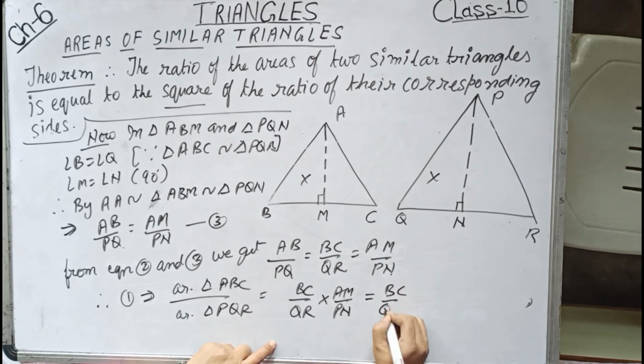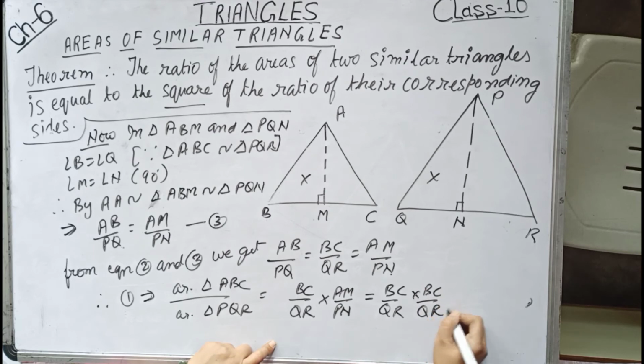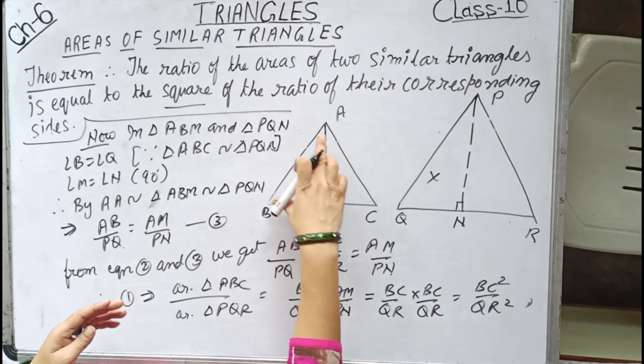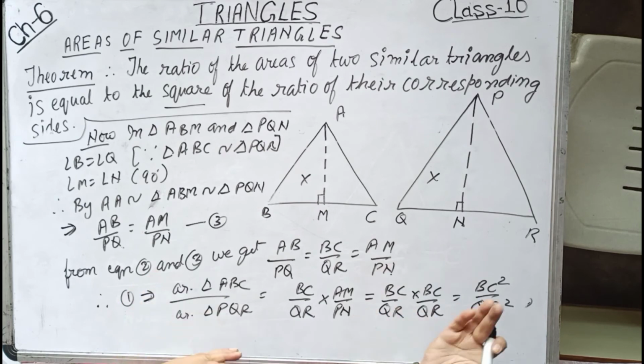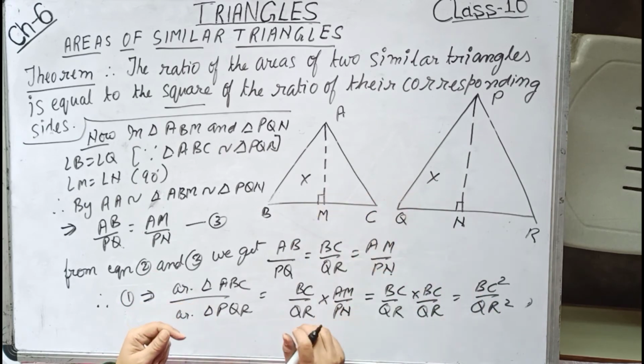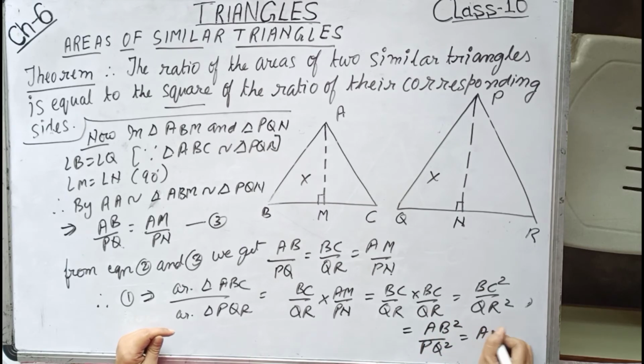So BC by QR into BC by QR equals BC square by QR square. And the rest similarly we can write, area this by this equals, because the ratio of all the 3 sides are equal, since the two triangles are similar, so we can write equals AB square by PQ square equals AC square by PR square.